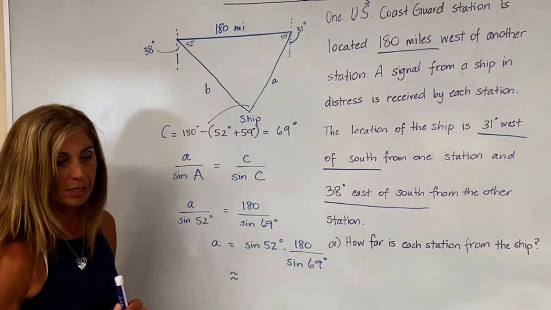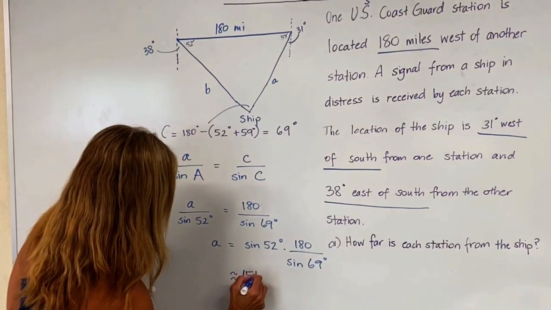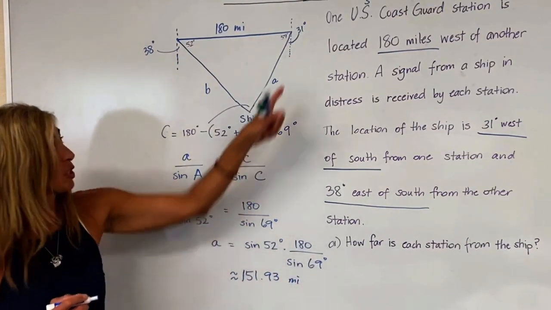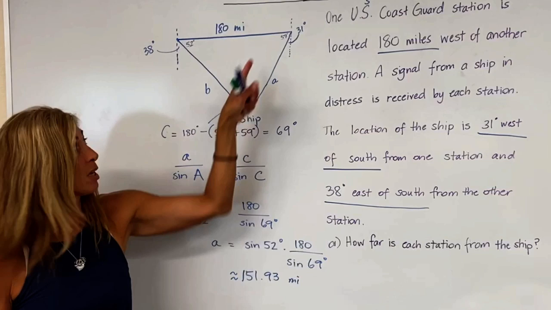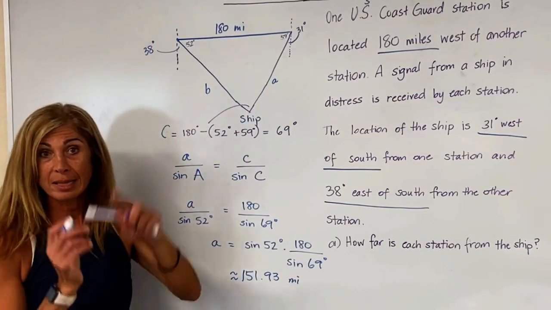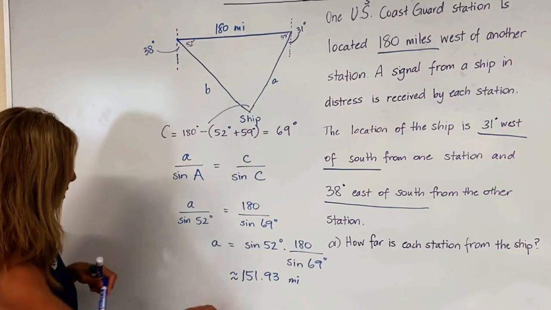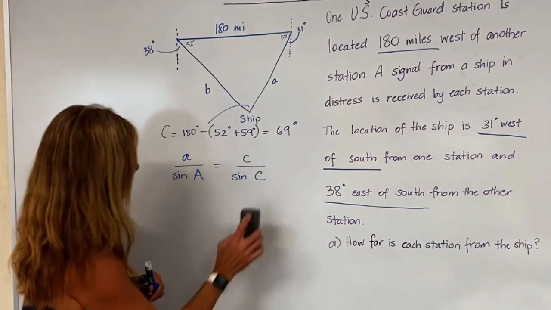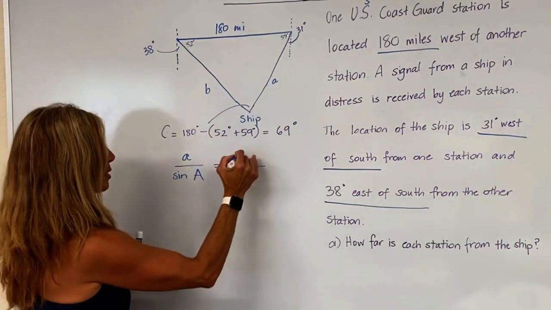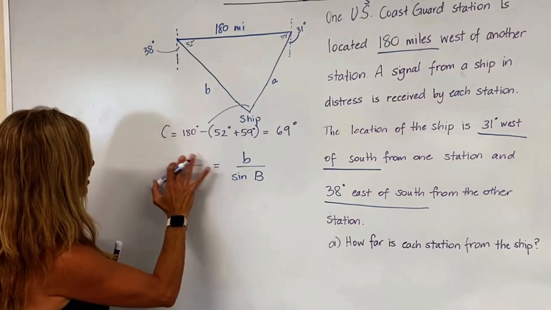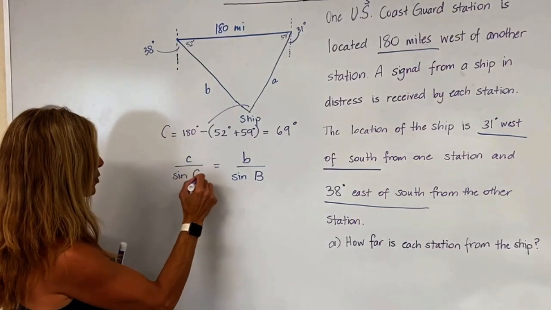And that measurement is 151.93 miles. So we've determined how far the ship is from this station. Now we do the same thing with our other side. I'm just going to set this up with side B and side C, since those are the values we have.